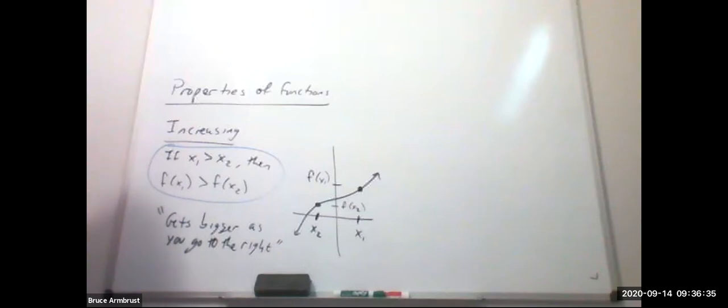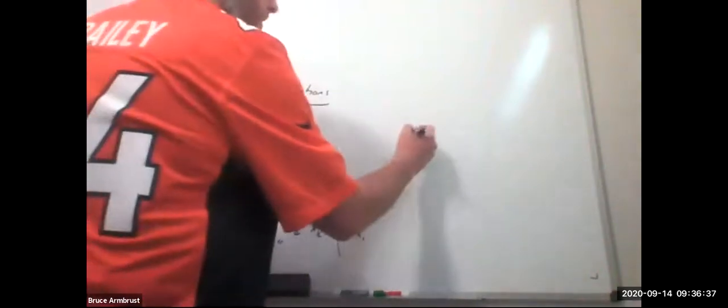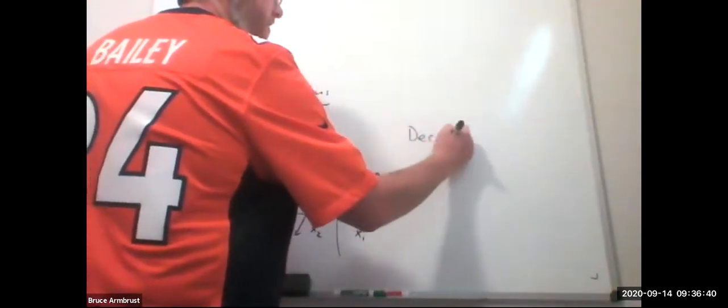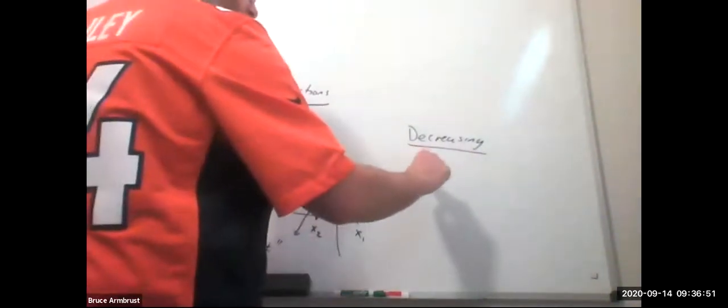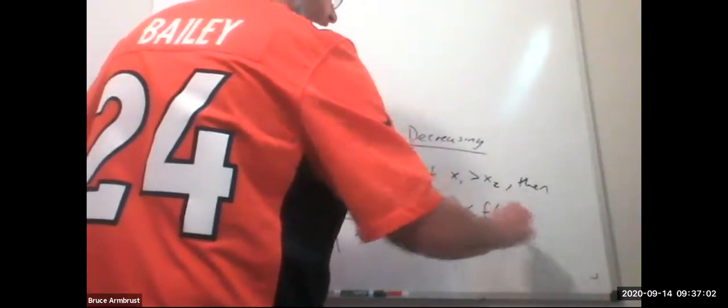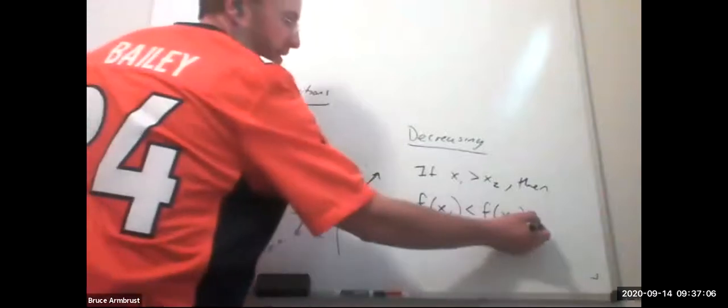So then, of course, decreasing, same story. We're just getting smaller as we go to the right. So instead of saying bigger, we're going to say get smaller. And so we can change this definition ever so slightly by changing the direction of an inequality. But I want to make very clear I only changed one of the inequalities.